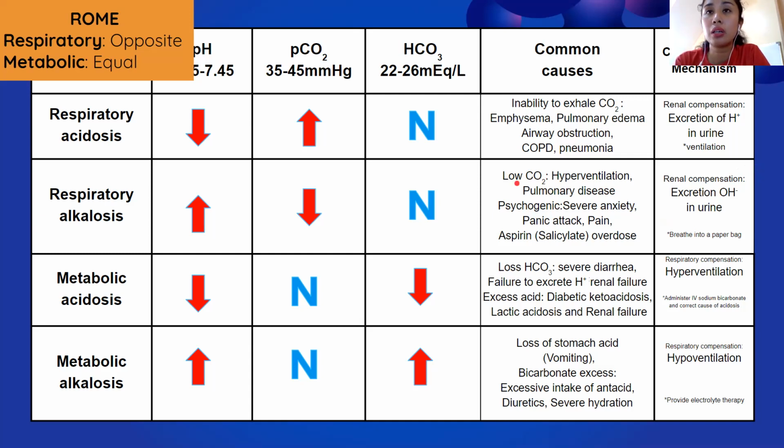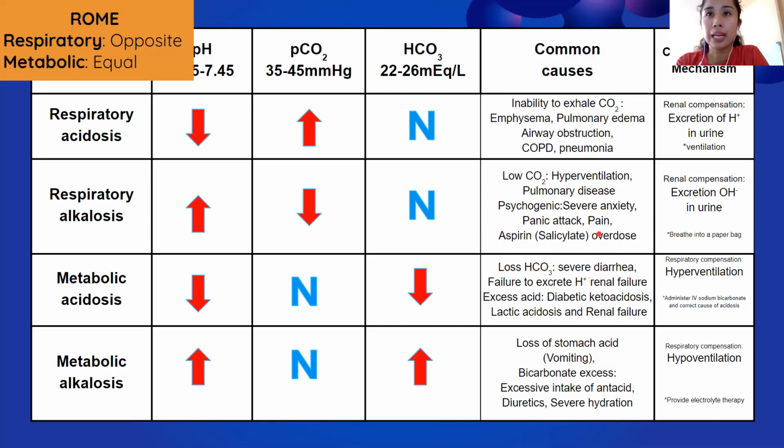So, low carbon dioxide can be found in hyperventilation, people with pulmonary disease, psychogenic causes, class, meaning from the mind, severe anxiety, panic attack, pain. Class, apparently also, when a person overdoses on aspirin, I don't think aspirin is very common here in the Philippines. We don't usually use aspirin here.